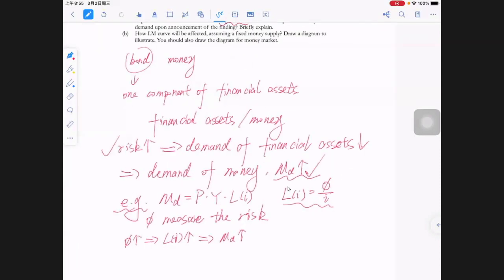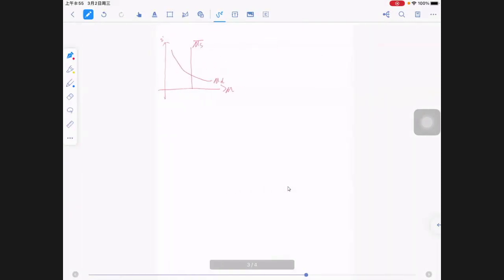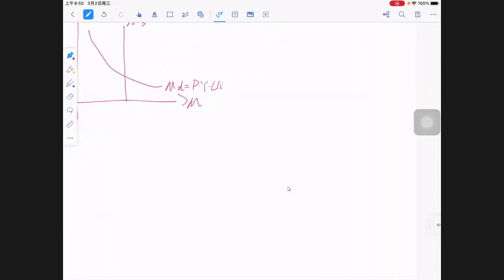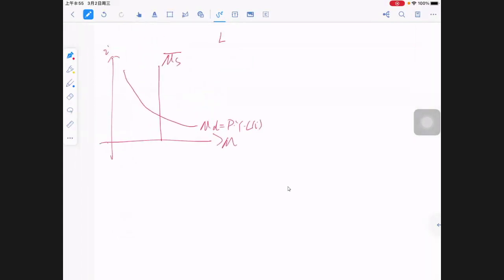If you write P times Y times L(i), here is an increase in this L(i) at any level of i, right? So here is a rightward shift of money demand. Okay. With the rightward shift of money demand, the interest rate i will increase. Okay.